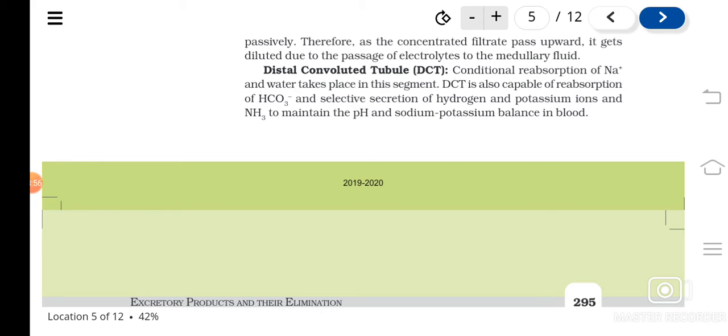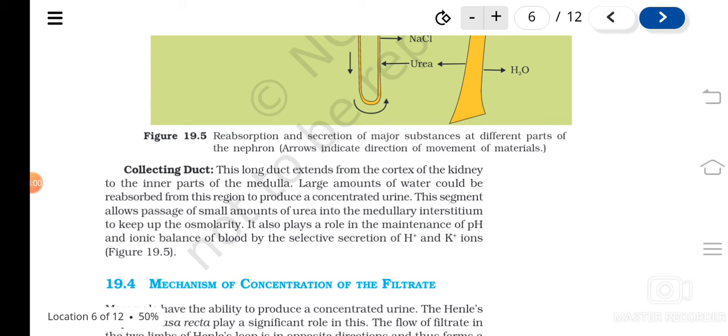This collecting duct is seen where? That is from the cortex of the kidney to the medulla, isn't it? So a large amount of water can be reabsorbed, so that what happens? The urine can be more concentrated.